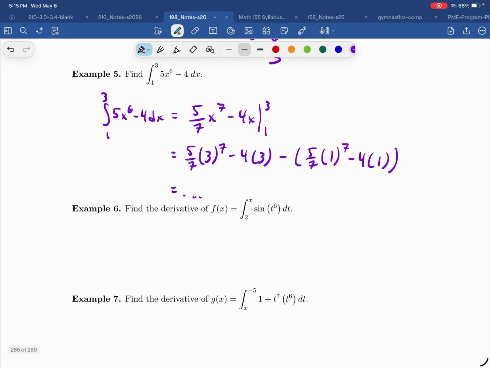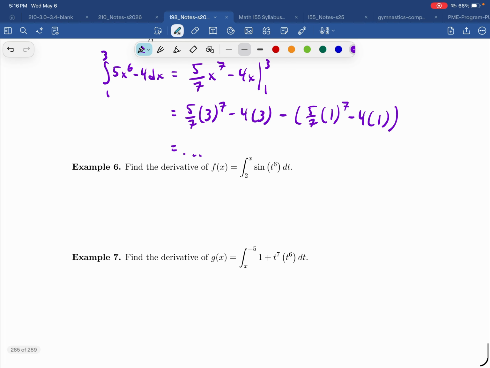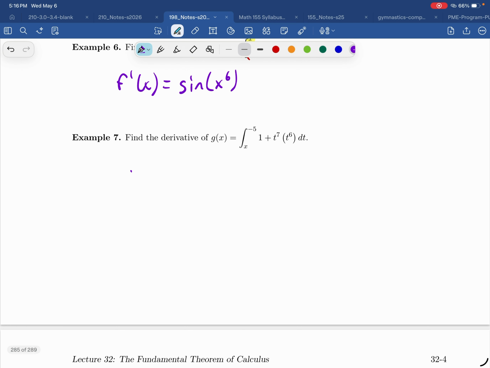Okay, now I'll just do 2 quick examples of the Fundamental Theorem Part 1. All this is we're going to take the function and plug in x for t. That's it, done. Again, you get rid of all of this. Okay? Now, in this case, we just need to be a little careful because here we have this integral.